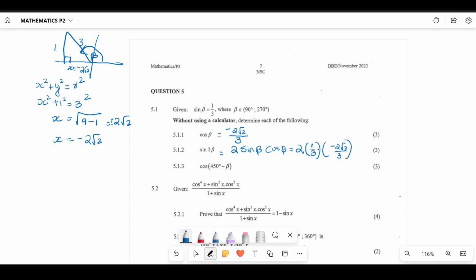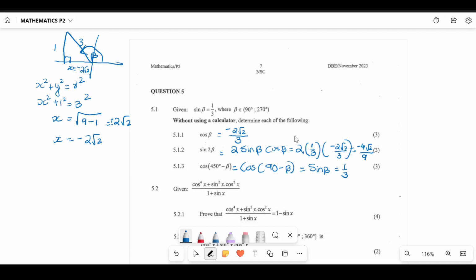If you simplify further, multiplying the top and the bottom, that's negative 4 root 2 over 9. 5.1.3, cos of 450 minus beta. For an angle more than 360, you simply subtract 360. 450 minus 360 is 90, so this becomes cos of 90 minus beta, which is sin beta, which is 1 over 3.